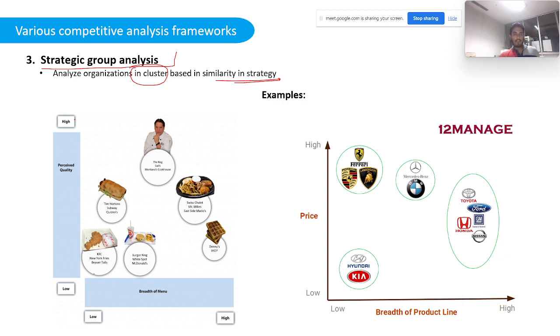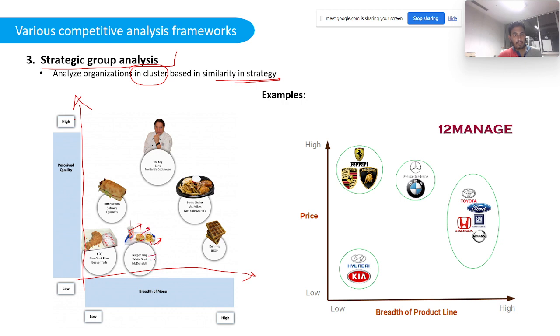For example, when you are thinking about starting a food franchise or starting a restaurant business, you try to see how the existing organizations can be grouped based on what they deliver. So here you can see there are companies who provide burgers, then some coke, and then fries probably.